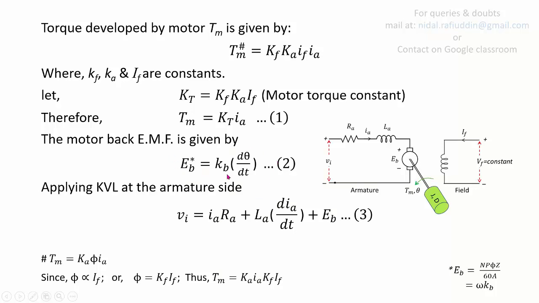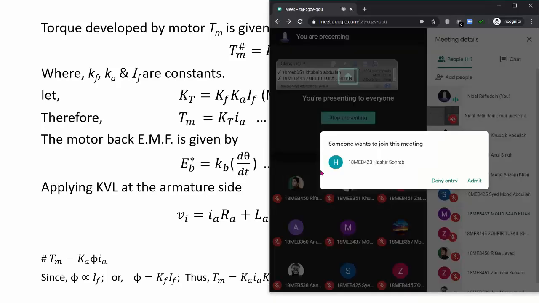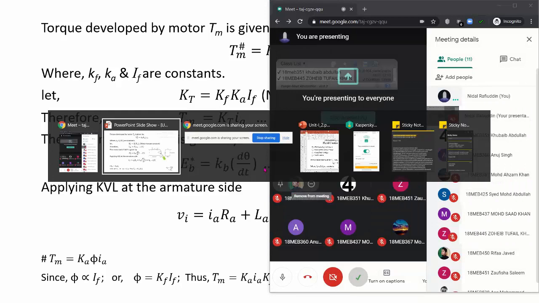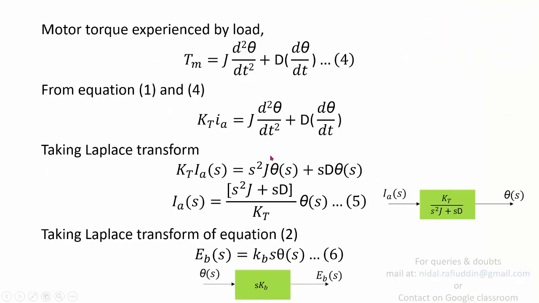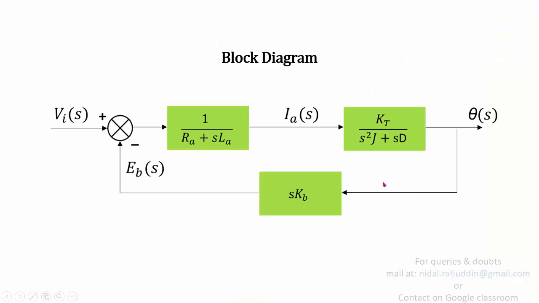Because of this relation, we obtained the connection between the electrical circuit and the mechanical system, and we further obtained the block diagram representation of the armature controlled DC motor.